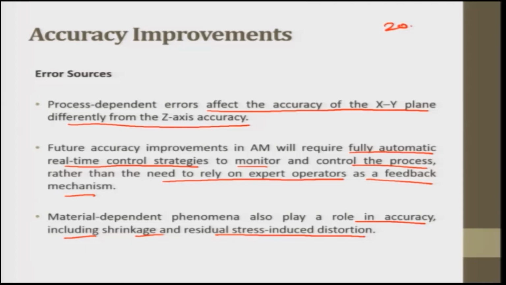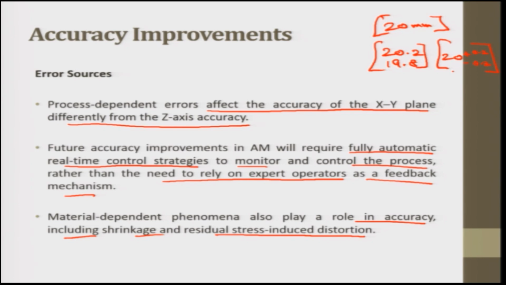But there are certain tolerances. For instance, 20 mm is the final build diameter I require, and I am getting something like 20.2 or 19.8. So, this means it is 20 plus minus 0.2, a 0.2 tolerance.